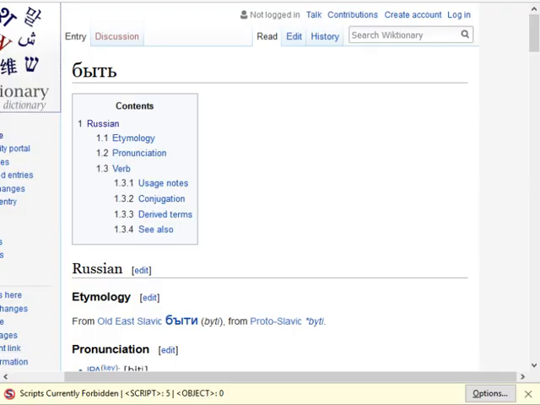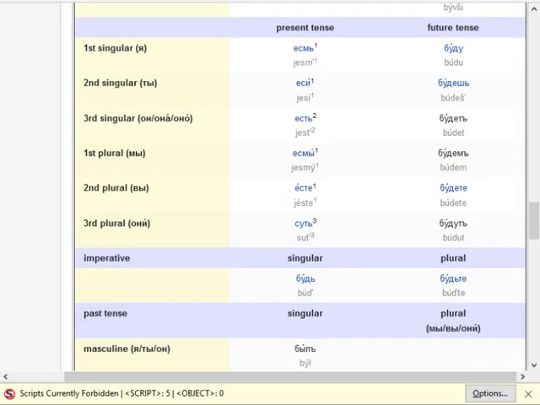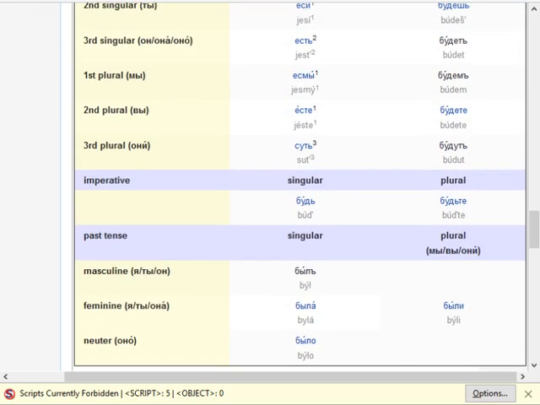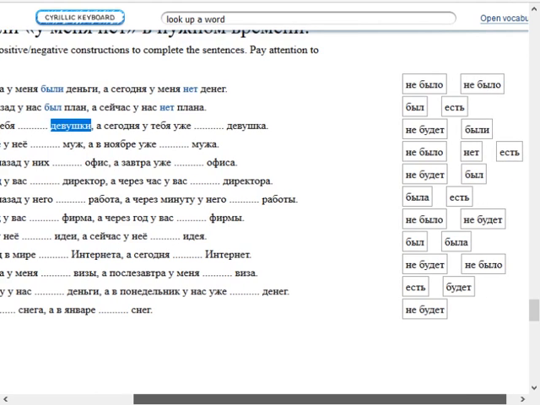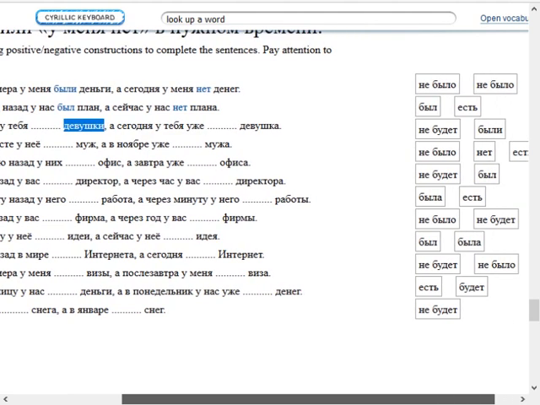Okay, so then we need to look here for the negative formation of быть. So past tense feminine is было. So не было. Is that right?